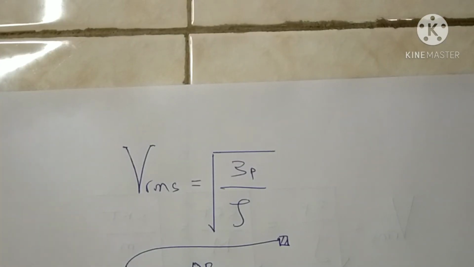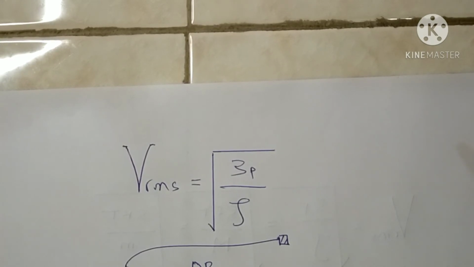By attempting the A-level question just now, hope you all understand how to use the root mean square speed, which equals the square root of 3 times pressure over density.